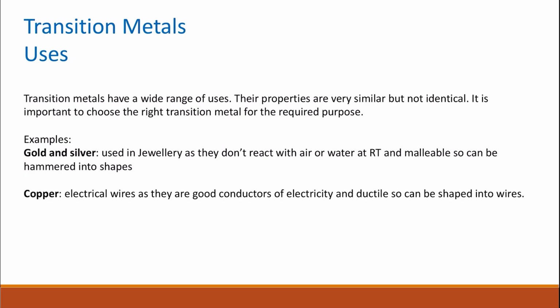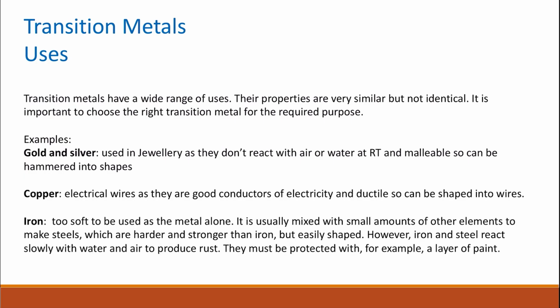Copper has good conductivity of electricity and it's ductile, can be shaped into wires, so it's usually used in making electrical wires. Iron in itself is too soft to be used, but when we add another element to iron, we make an alloy called steel, and steel is much harder and stronger than iron and still can be hammered into shapes. So iron is used as steel.